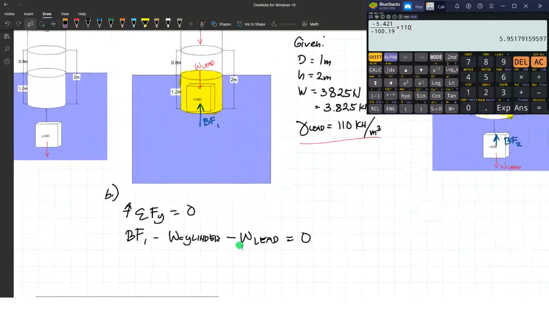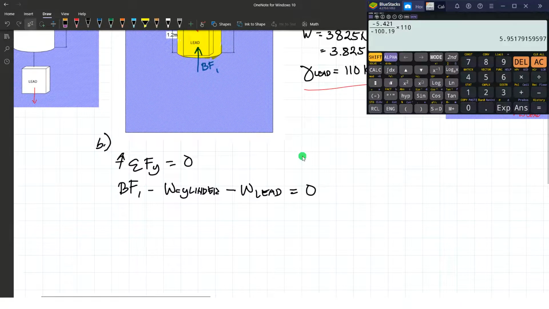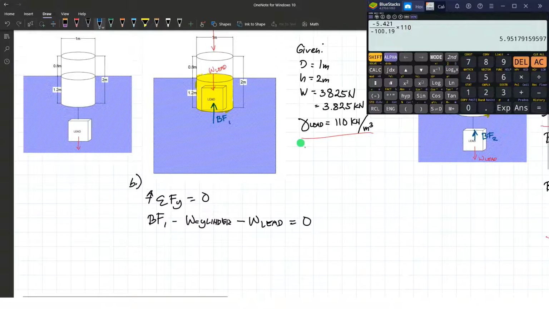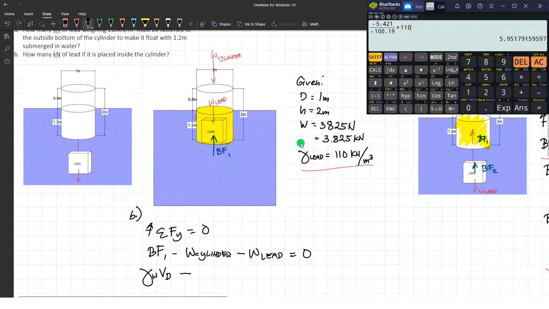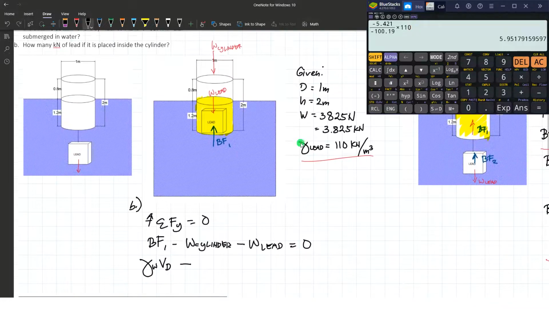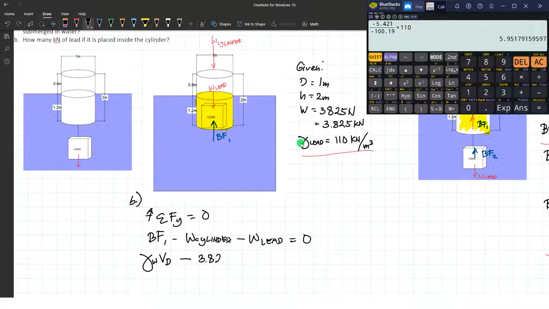Okay, so for the buoyant force, I think we can already compute that, because the buoyant force is just the product of the unit weight of water multiplied by the volume displaced. Weight of cylinder, that's already given, which is 3.825. So make it in kilonewtons to be consistent. And weight of lead, which is required.